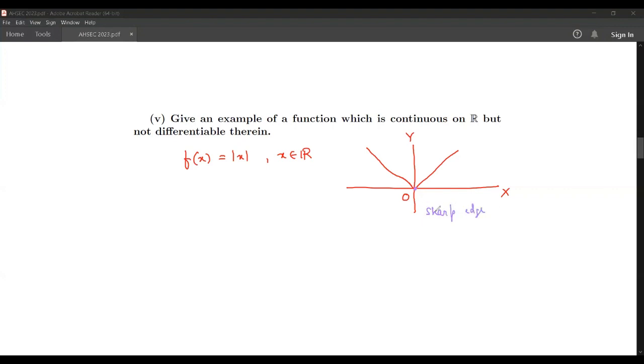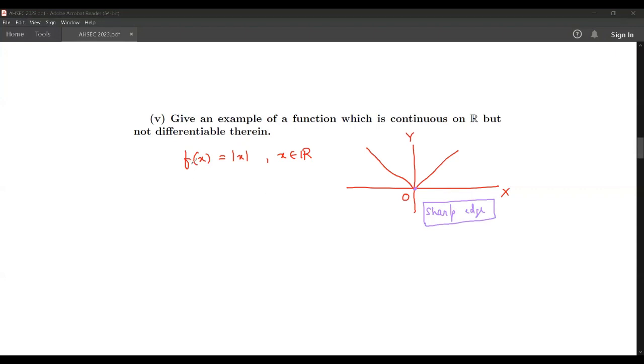So if you have a curve with a sharp edge, then at this point you will be able to draw more than one tangent. In fact, so many tangents you can draw. As soon as you can draw so many tangents at some particular point of a curve, that curve can never be differentiable at that point.